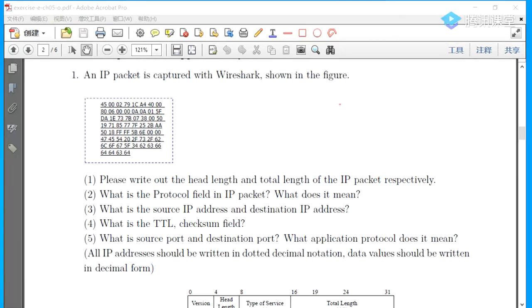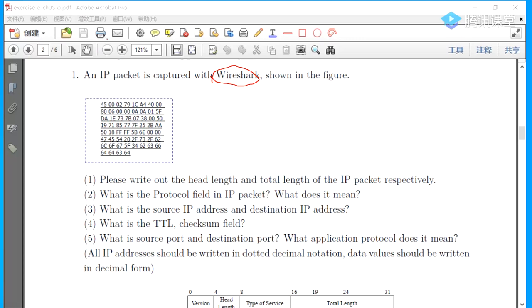Question 1. An IP packet is captured with Wireshark. In experiment 1, we used Wireshark to conduct the experiment and capture packets.